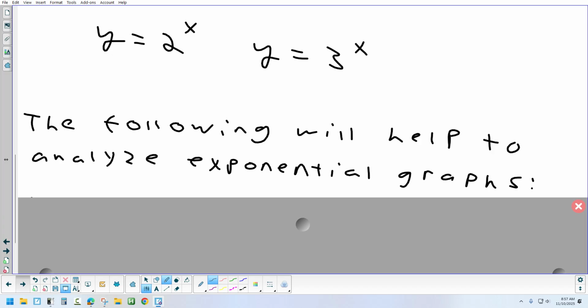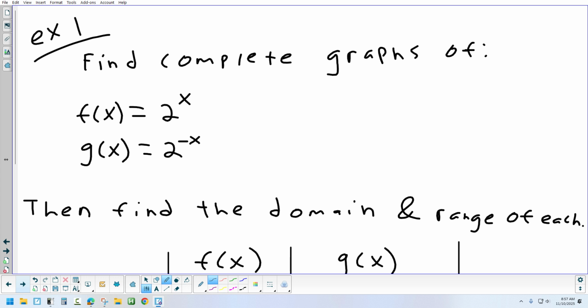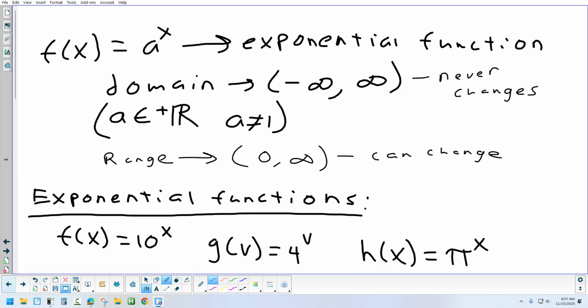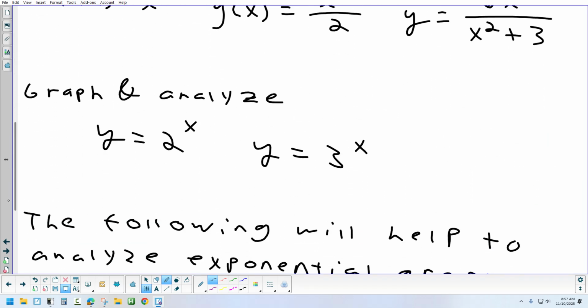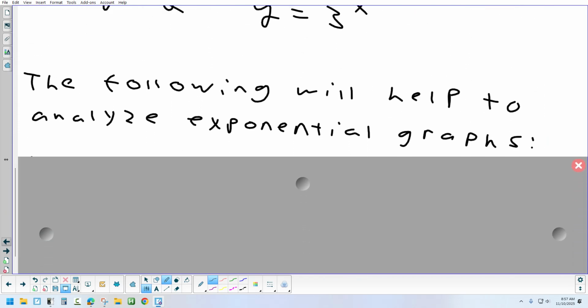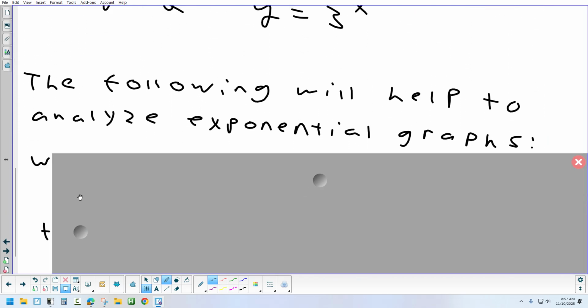Like if you had these two graphs and you wanted to compare them, you really can't the way they are. When you compare two graphs, you want the exponents to be positives. This negative is going to cause a reflection. So if we can think of it without the negative, it's going to be a lot easier. So let's see if we can figure out a way to get rid of a negative exponent.